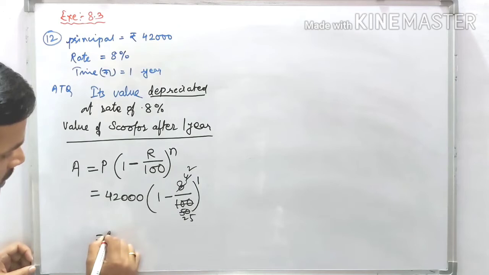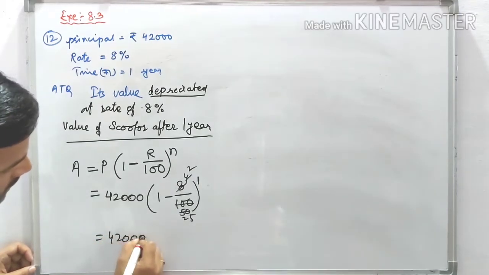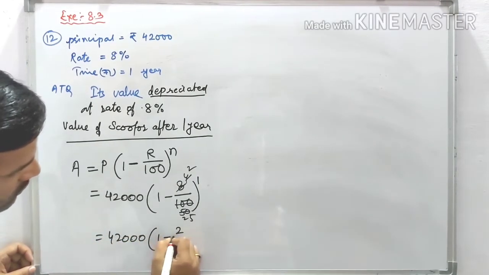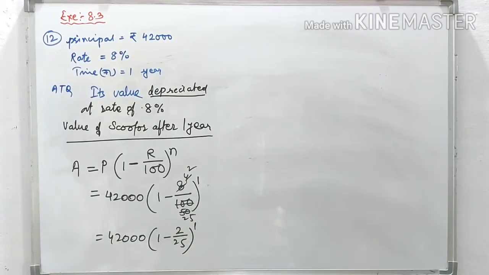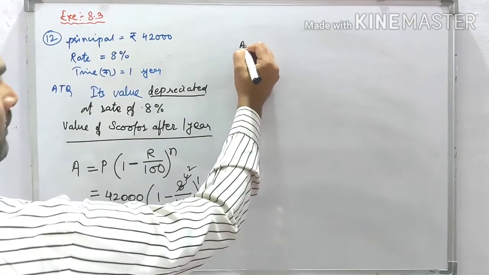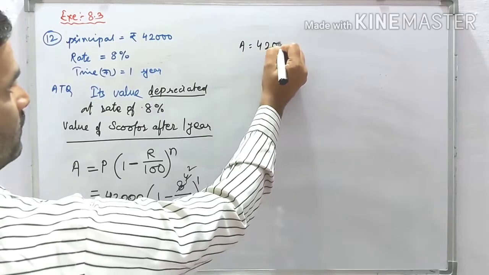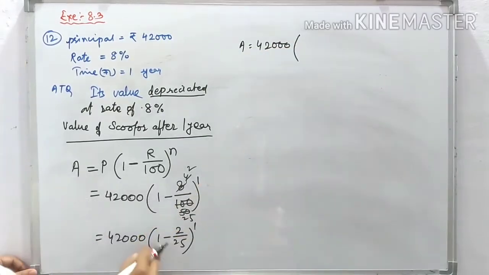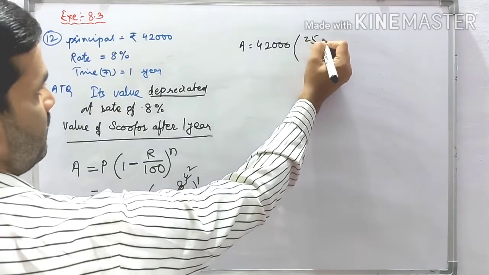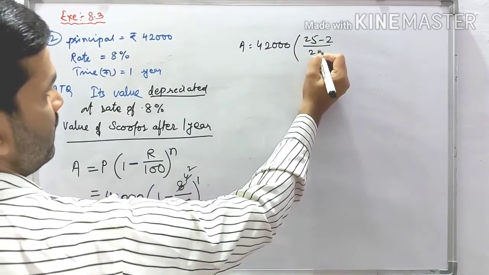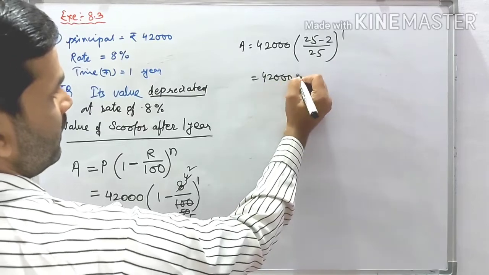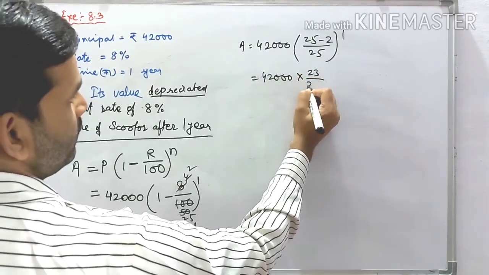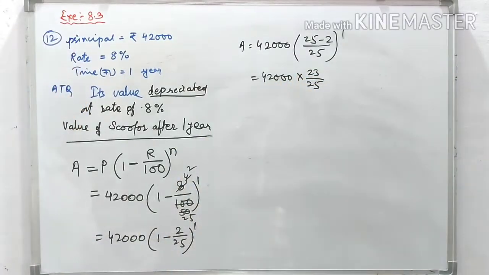So we have 42,000 into (1 minus 2 upon 25) power of 1. A is 42,000 into (25 minus 2 upon 25) power of 1, which is 42,000 into 23 upon 25.